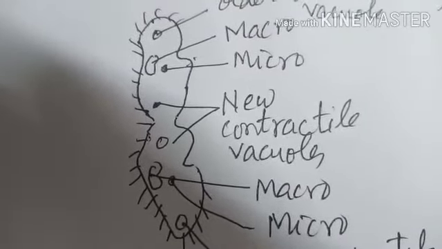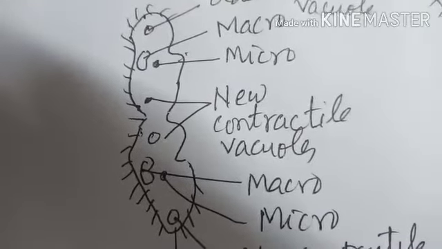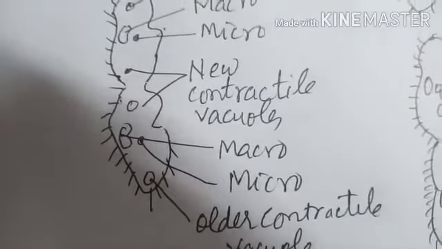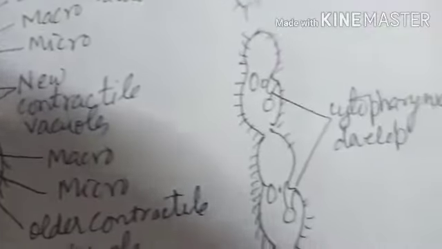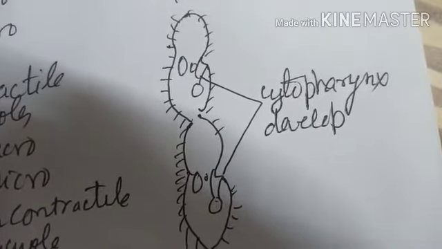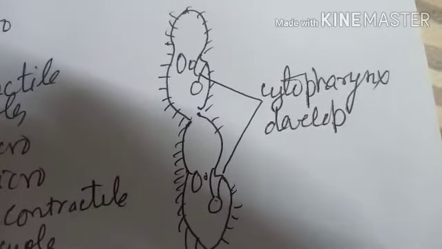Macronucleus gets divided into two macronuclei. Micronucleus also gets divided into two, and then ultimately this paramecium gets cleaved into two by formation of two cytopharynx also.